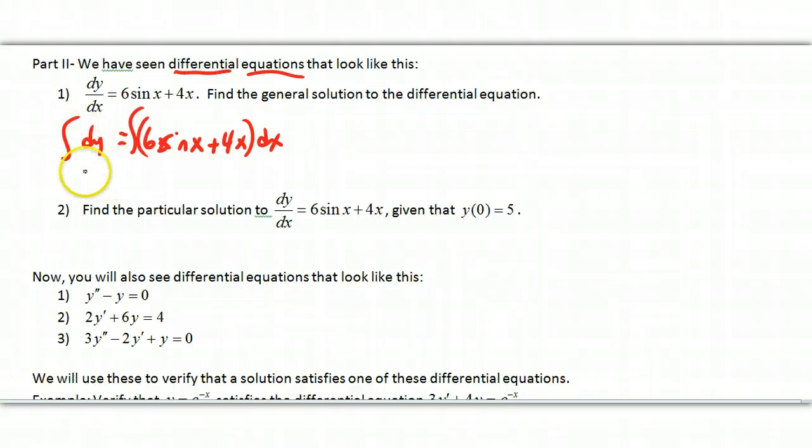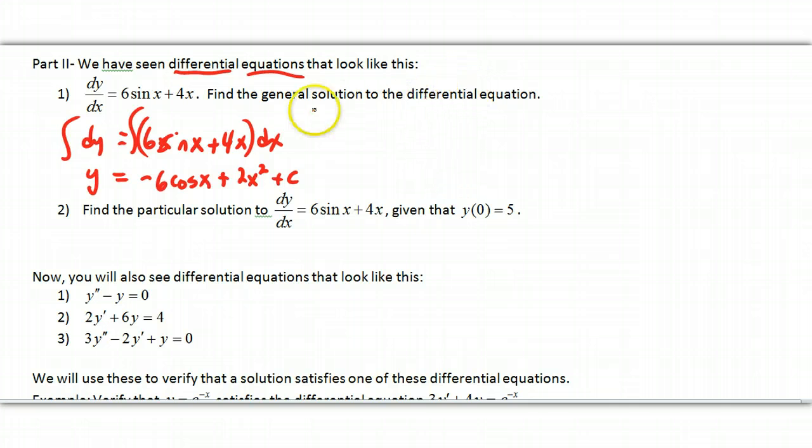So the antiderivative of 1 dy is y. And then the antiderivative of sine is cosine, and it's going to be negative, plus 2x squared, and then plus c. So this is what we would call the general solution. General because we have the plus c.